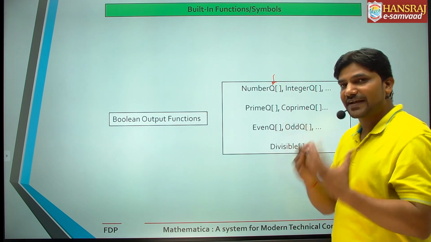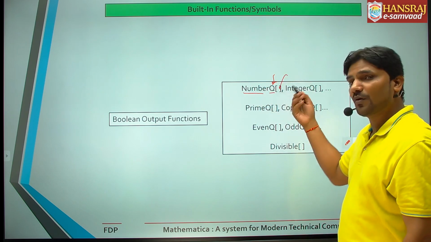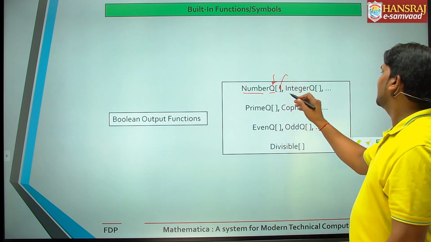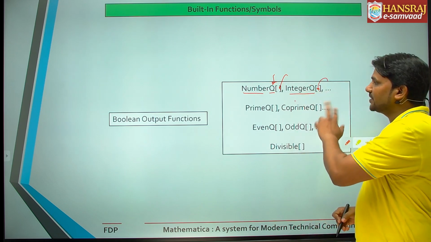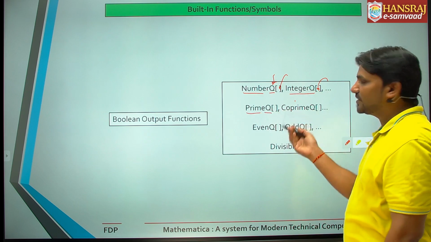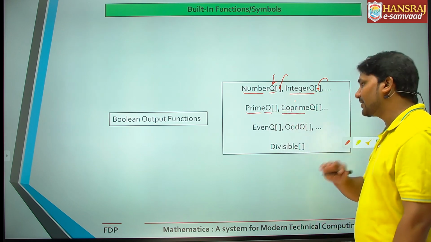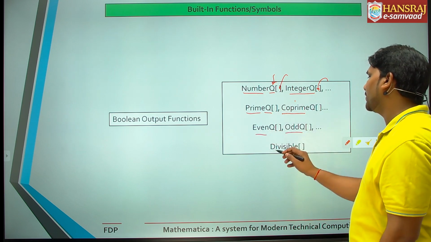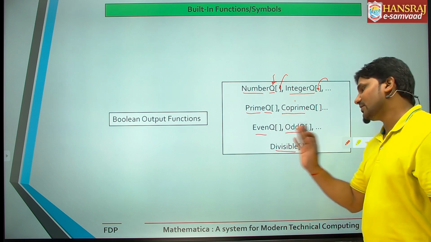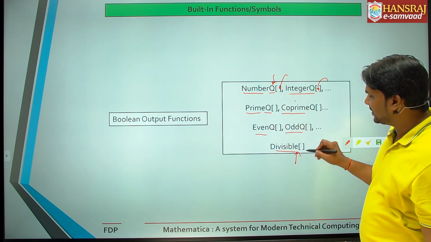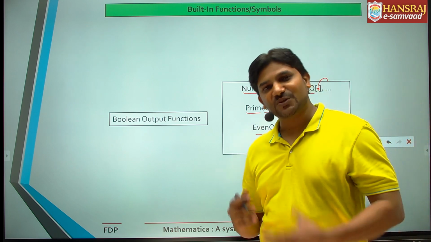So it will check basically. NumberQ tells you whether the input is a number or not. IntegerQ checks if the input is an integer or not. PrimeQ, is it prime or not. CoprimeQ, is it co-prime or not, like this. EvenQ, OddQ, and Divisible also checks if a number is divisible or not. But you can see that here there is no Q, so there are exceptional functions or symbols that you need to understand.